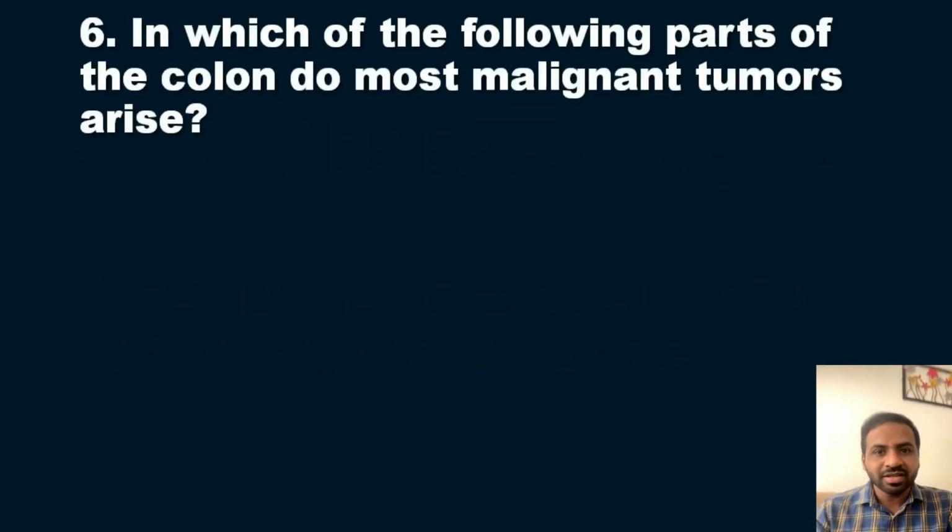Now we will move on to the next question in our series, the 6th question. The question is, in which of the following parts of the colon do most malignant tumors arise? So the question is regarding the position of malignant colon cancer. Just think about the parts of the colon and answer this question.